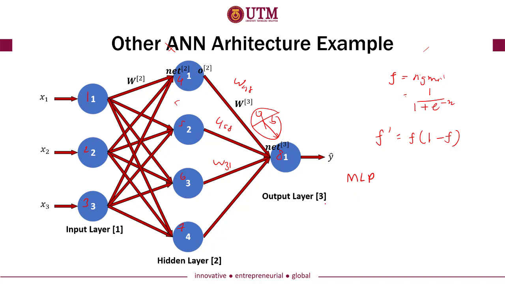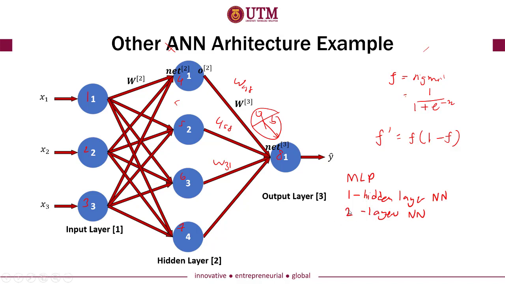And again, this is the same type as the one in the lecture, called a one hidden layer neural network, or you can also call it a two layers neural network.